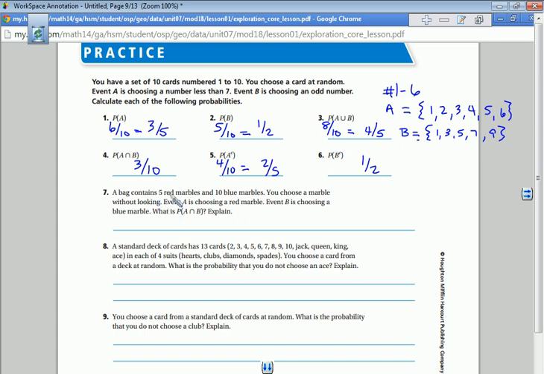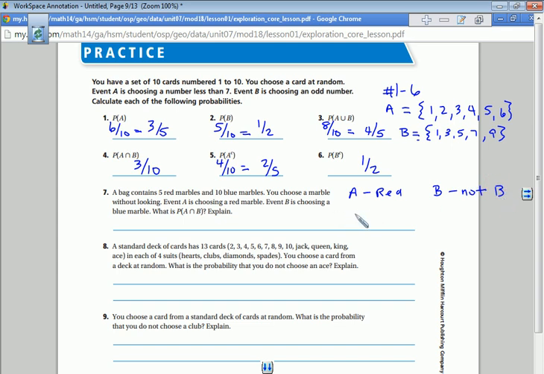Okay, number 7, a bag contains 5 red marbles and 10 blue marbles. You choose a marble without looking. Event A is choosing a red marble. Event B is choosing a blue marble. So the event A is red, B is blue.